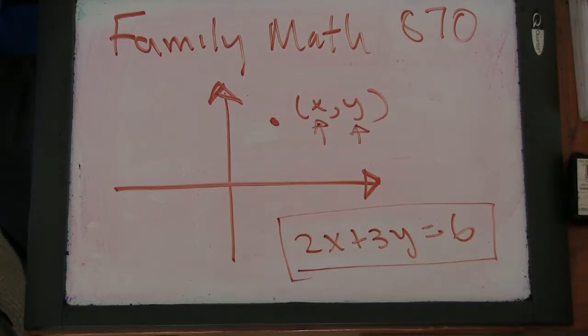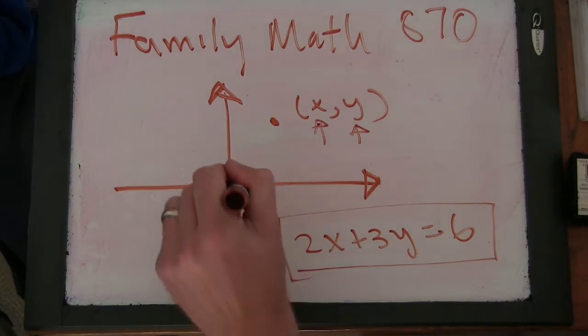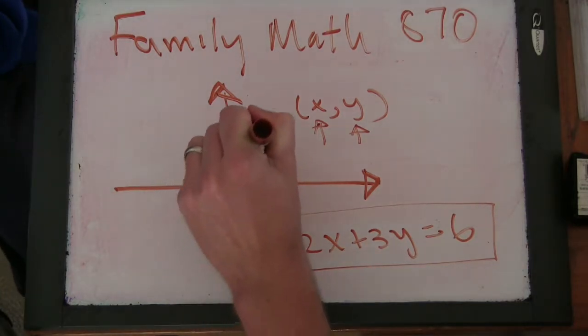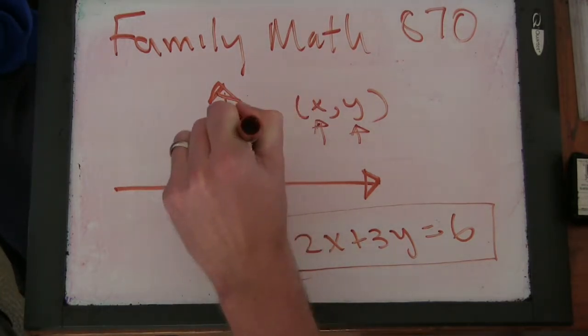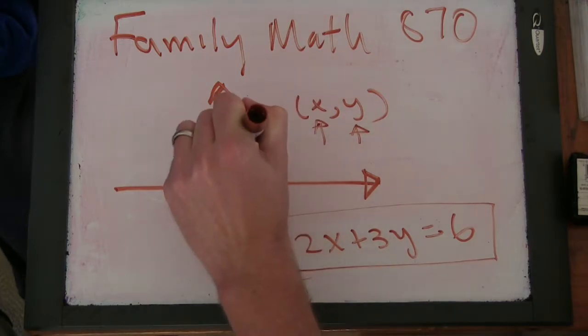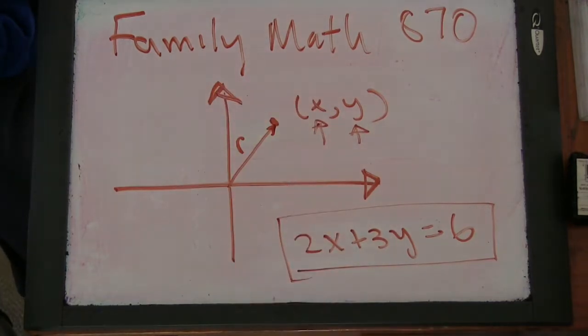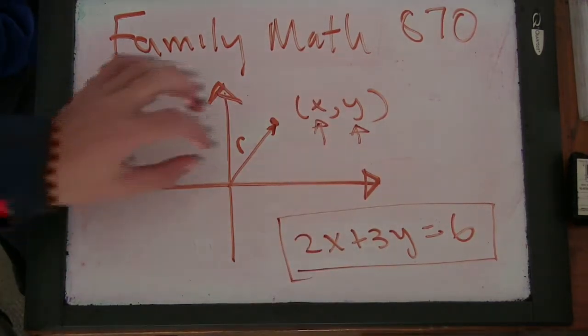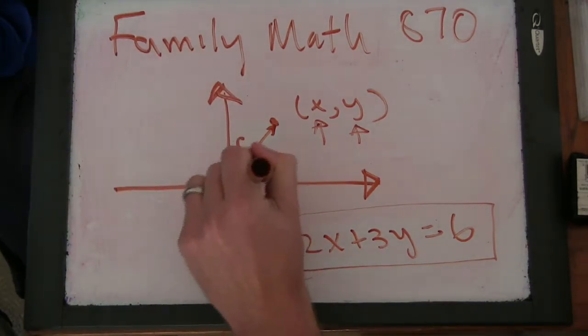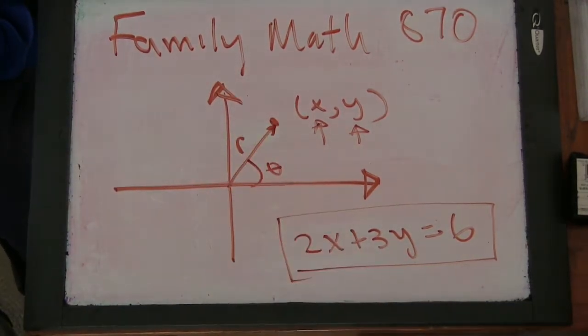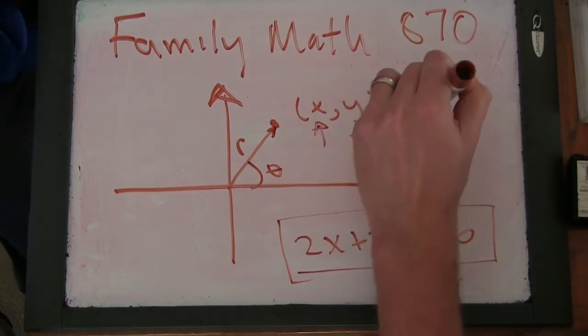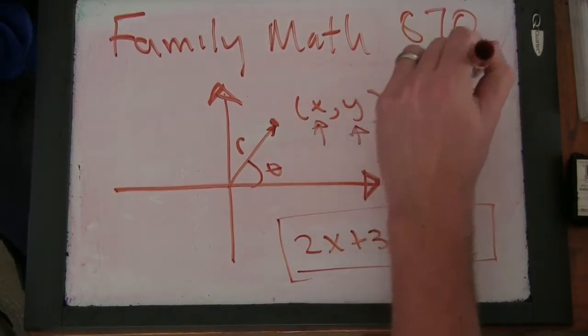So you use the distance away from the origin. And typically, what is that called? That's called r generally. Why do you think they use r for that? For radius. And then you use this angle on the x-axis, theta. So this xy point corresponds also to r and theta.